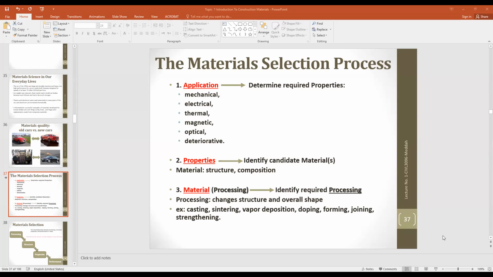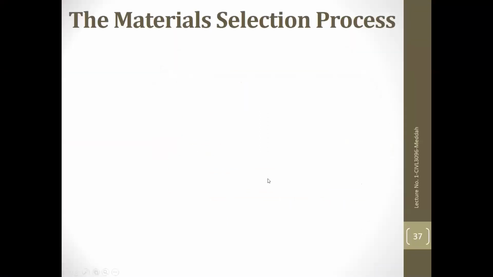So this is the third recording about the first topic, introduction to materials. We stopped last time at the materials selection process, how you can select a material based, of course, on a few criteria.